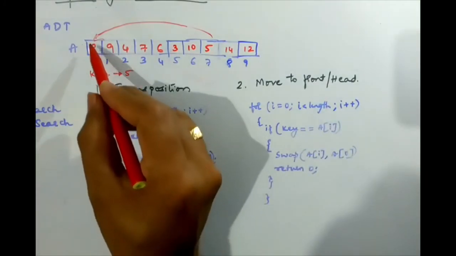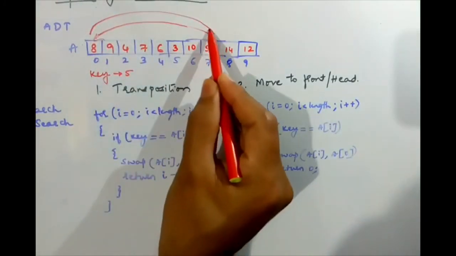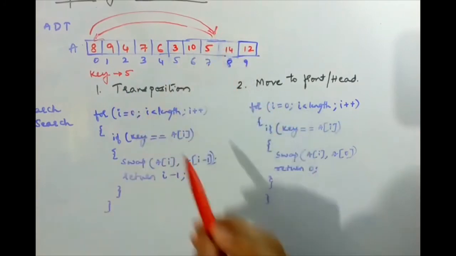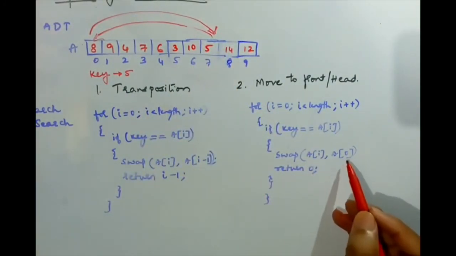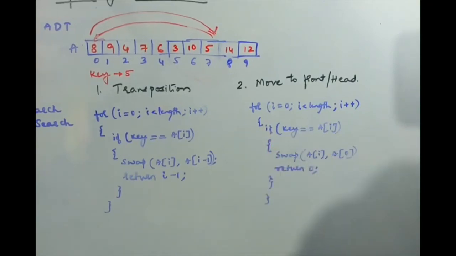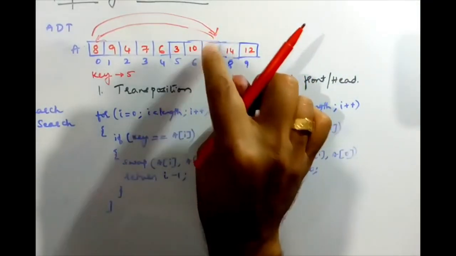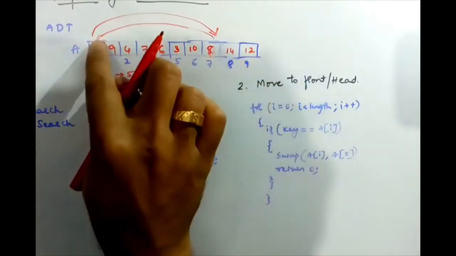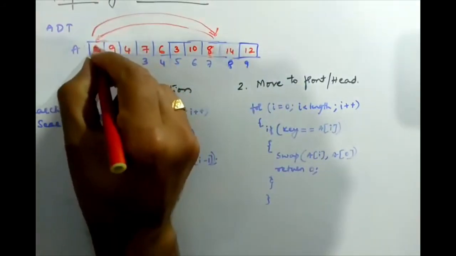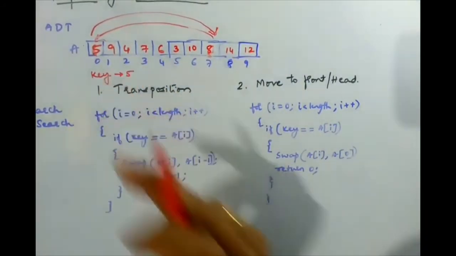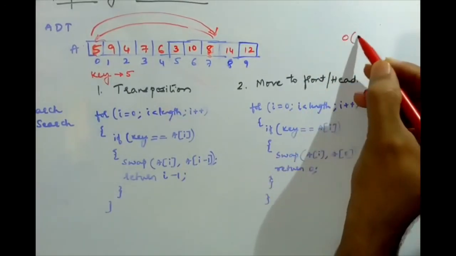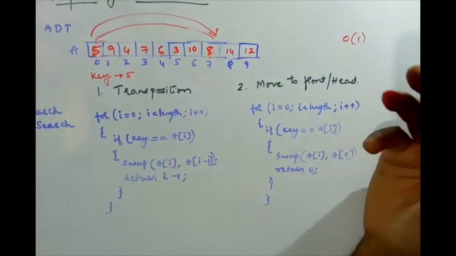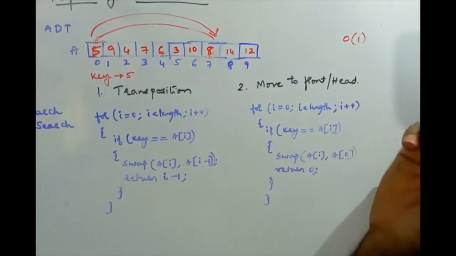Once we move it, this element will shift here. So we are swapping A of 7 with A of 0. Then in that case 8 will come here and 5 will come here. So next time when you search, you will get it within constant time, that is 1. So the order in that case will become 1. So the searching will become faster.